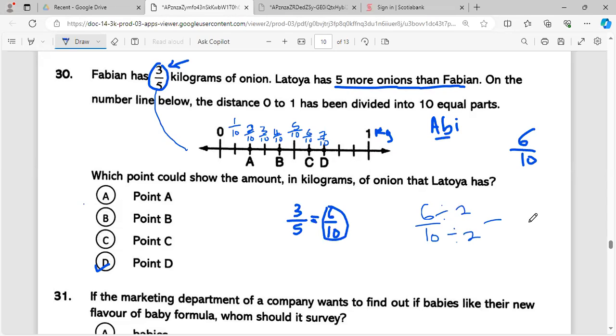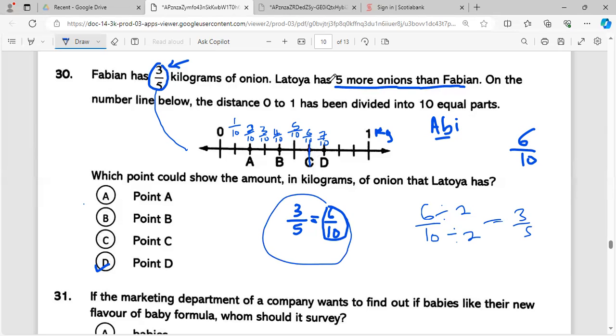So that means this is Fabian's weight right here. Everybody agree? Because 6 over 10 is equivalent to 3/5. So that means this is Fabian's onion weight, at point C.